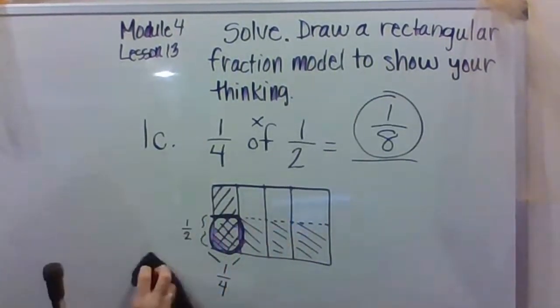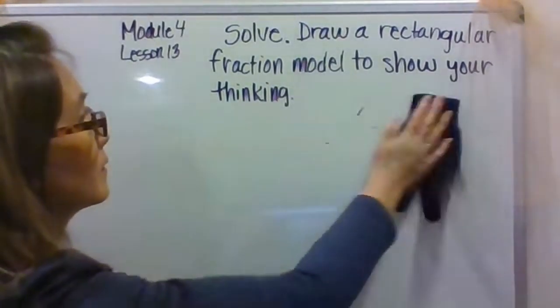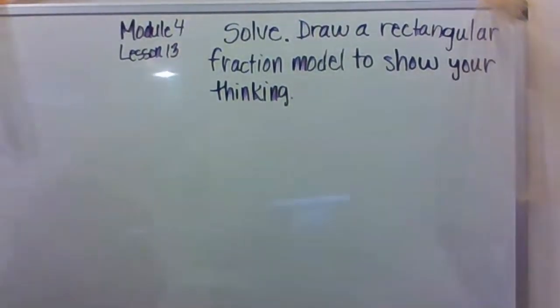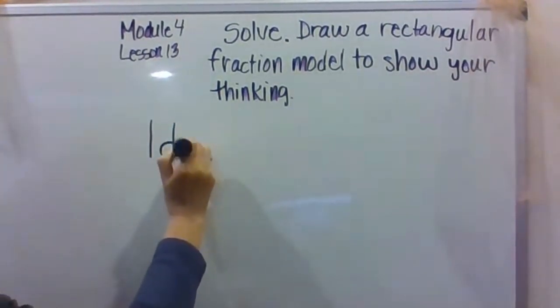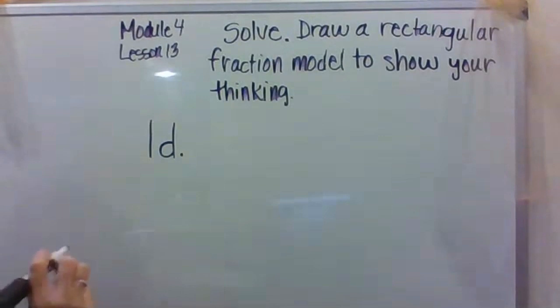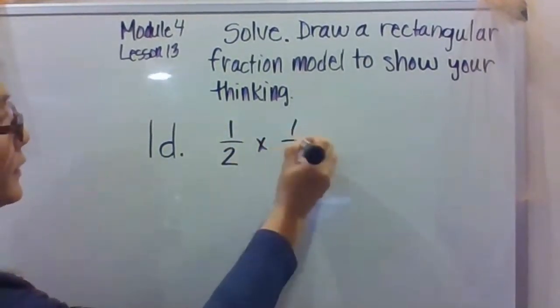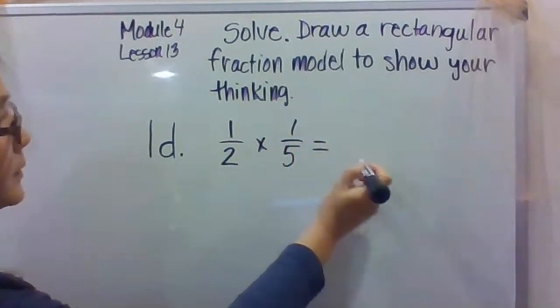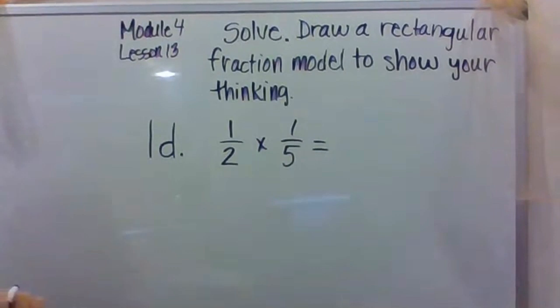All right, let's do one more together. And then you guys will be ready to work on your own. This is again number 1, but it's question 1D. For 1D, they just give you 1/2 times 1/5. What does that equal? Well, the same directions apply.